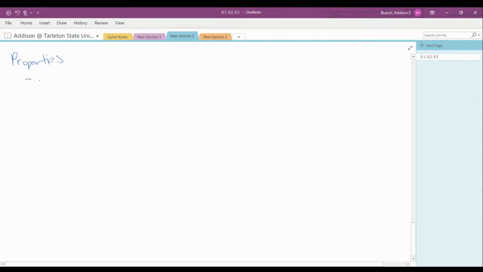At t equals 0, we know we can say that P of 0 is equal to C e to the k of 0, which would simplify down to C. So therefore, C would actually be our initial population.